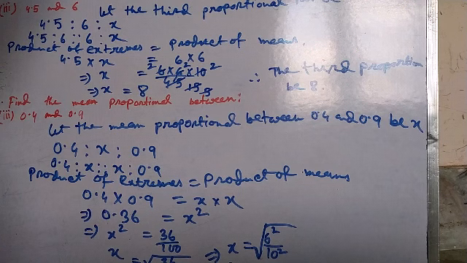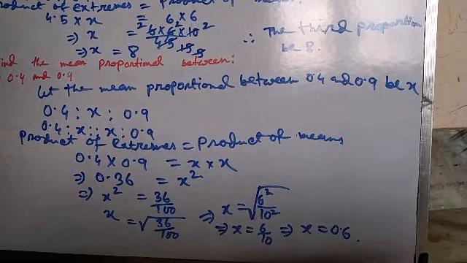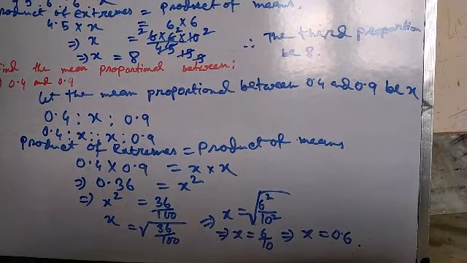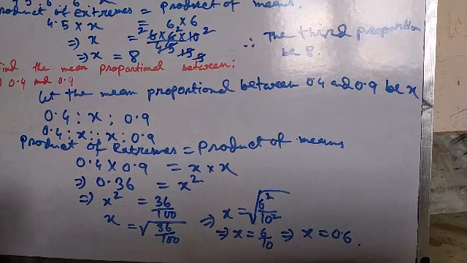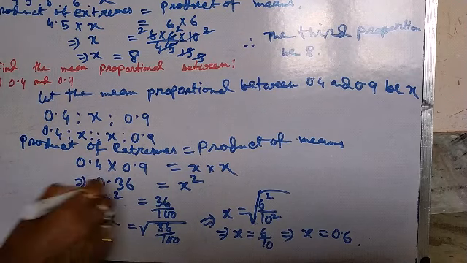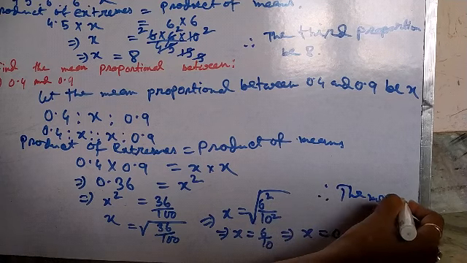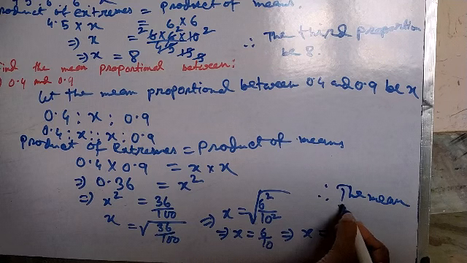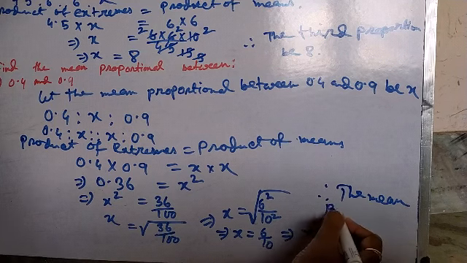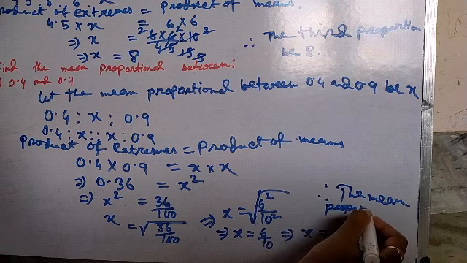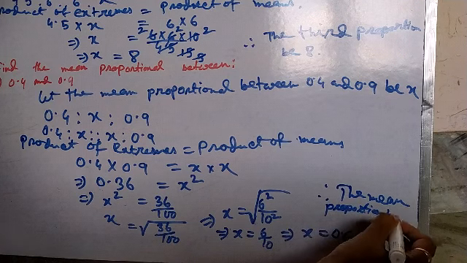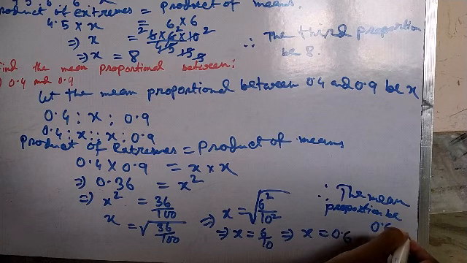That means x equal to 0.6. Therefore, the mean proportion will be 0.6.